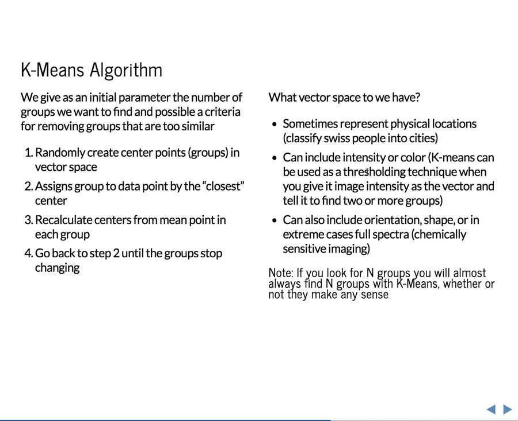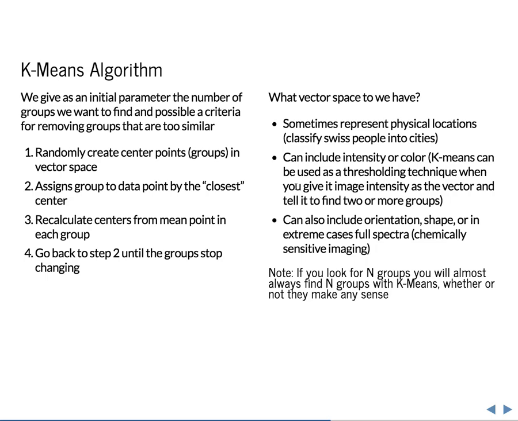For images, this can include intensity or color. And so k-means, if you give it an intensity image, provides an automatic threshold technique. If you give it an intensity image and you say you want to find 2 groups, this will perform some sort of threshold on your image.